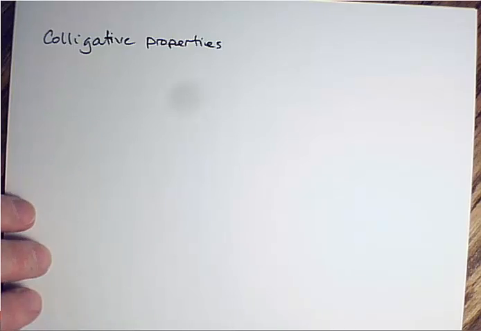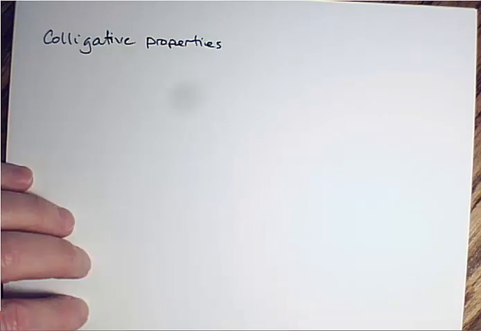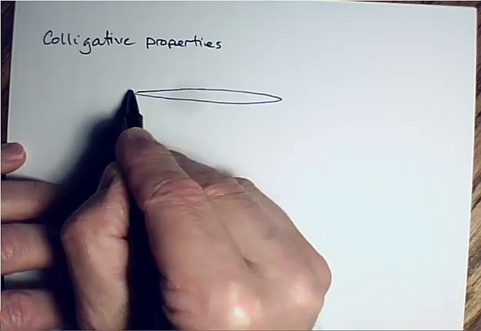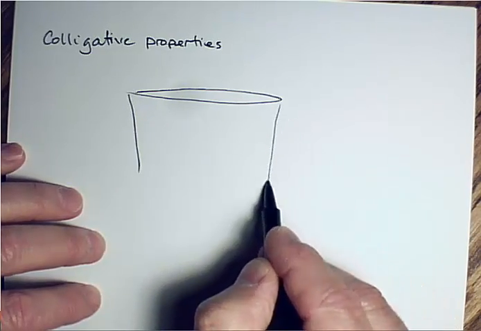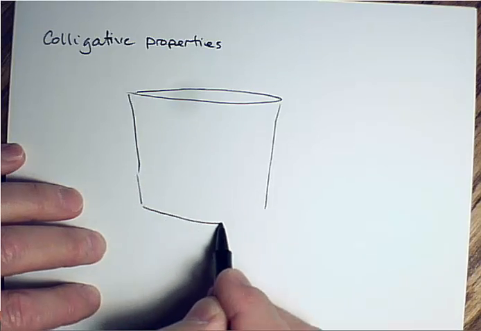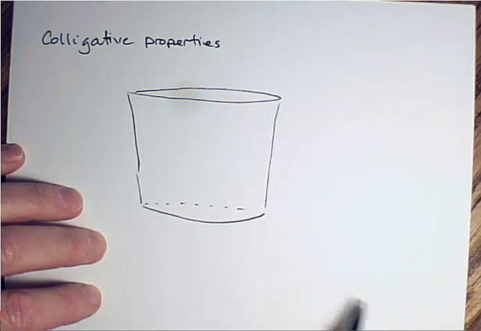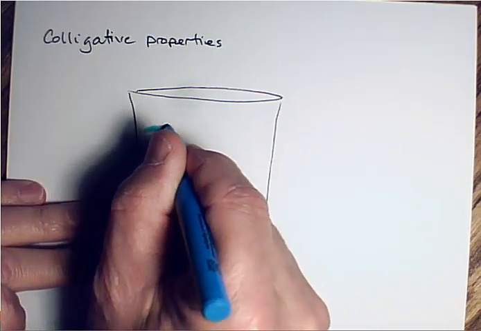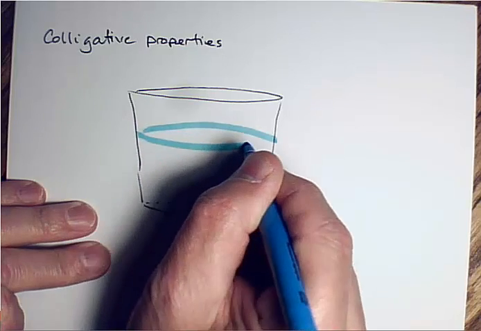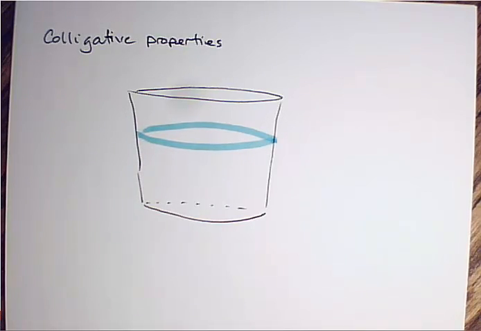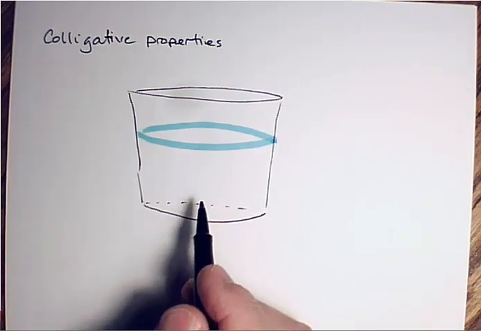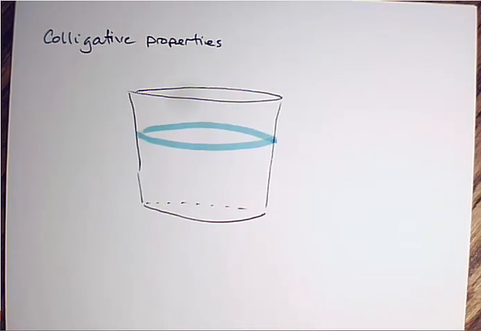So let's talk about what that means then. Okay, I've got a solution of some kind. Let's just draw an illustration of a cup here. Okay, and so I've dissolved something in this solvent. And most of the time we use water as our solvent, but it's not the only possible solvent.